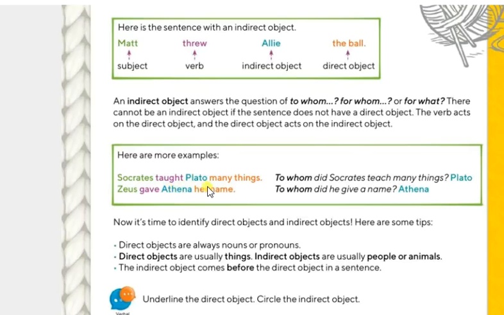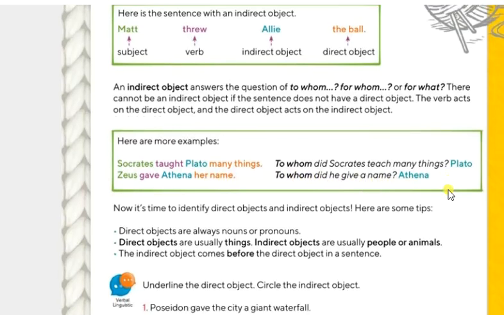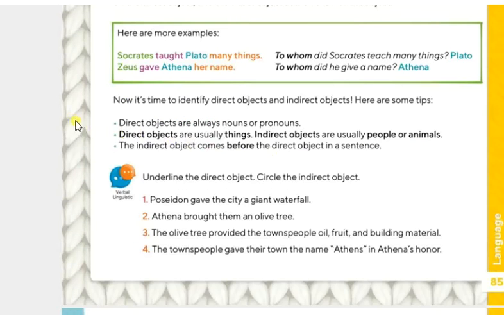Socrates taught Plato many things. To whom did Socrates teach many things? To Plato. Zeus gave Athena her name. To whom did he give a name? To Athena. Right? Now it is time to identify direct objects and indirect objects.